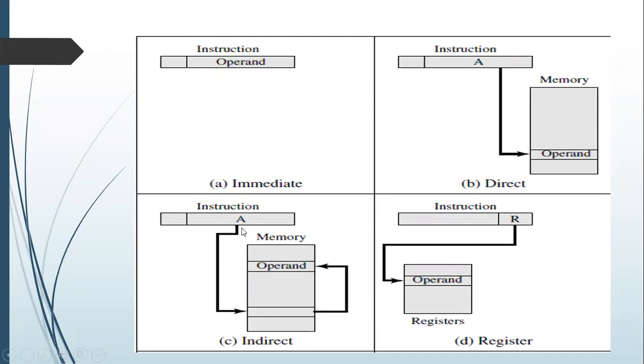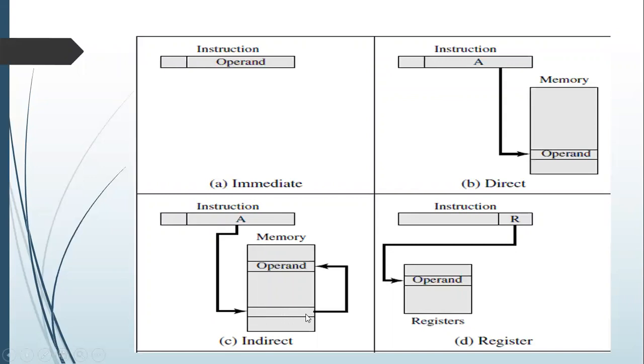See, let's think that A is your data and its value is, let's say, this is actually your address. Okay, let's say this is 400. So this is the 400 number location.